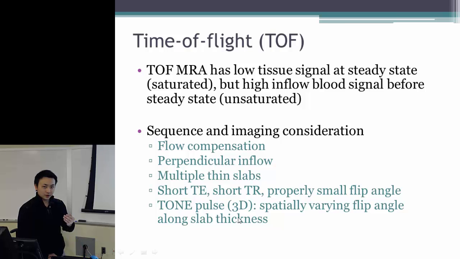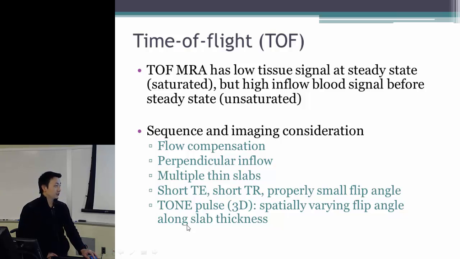But if we use too small a flip angle, then the background tissue, the gray matter or white matter, may not have low enough steady state signal, so that the contrast between the arterial blood and the tissues may not be that great. So there must be a compromise between the TR and flip angle that we use.